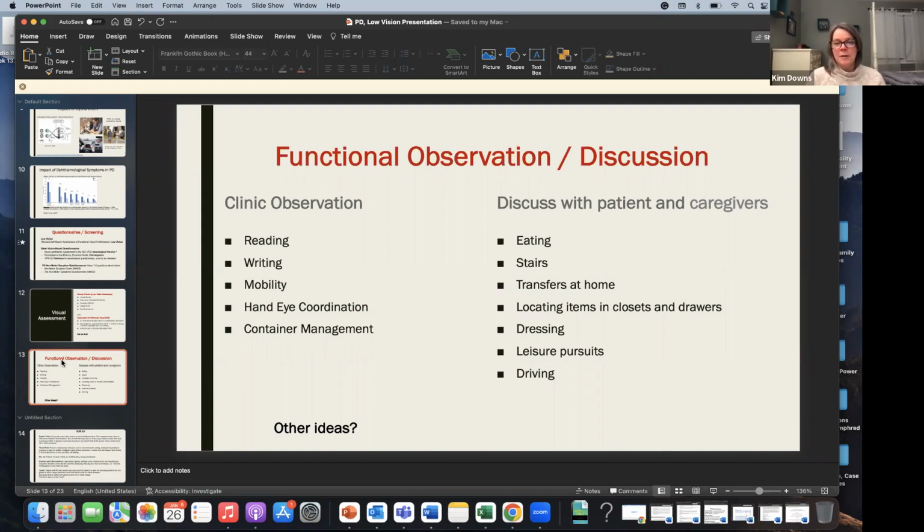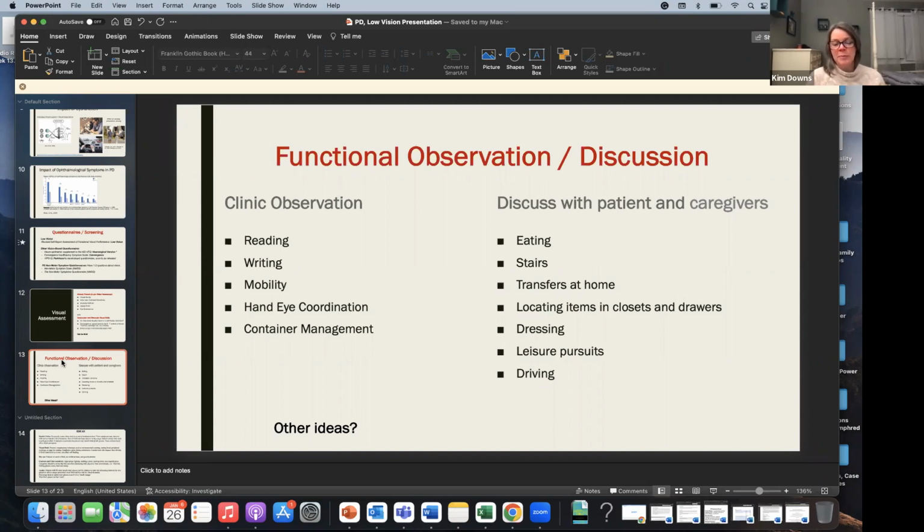Stairs in this population, looking to the right, one of the common problems I come across is when I ask the person, when you're going up and down the stairs, how well do you feel you see the stairs? Especially if I'm with someone in their home, quite a few times people have told me the stairs look kind of like a ramp because they can't see the beginning and end of the steps, which is common for people with low vision.